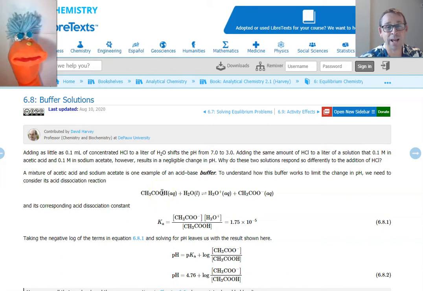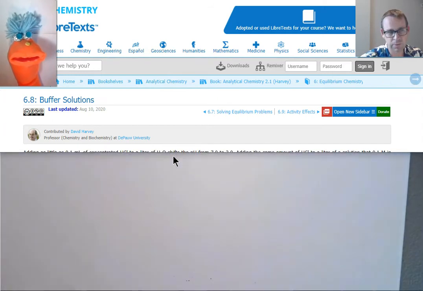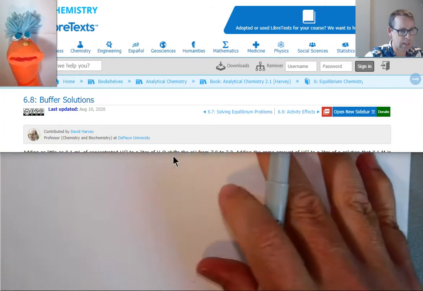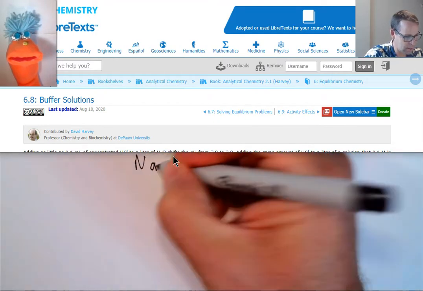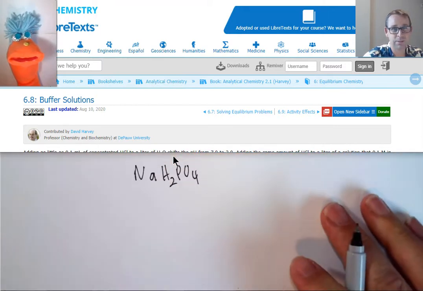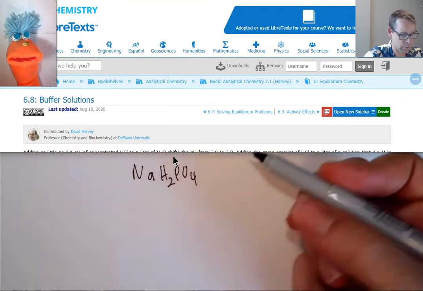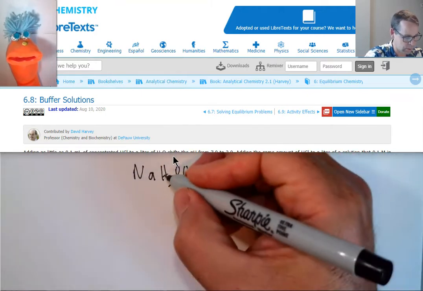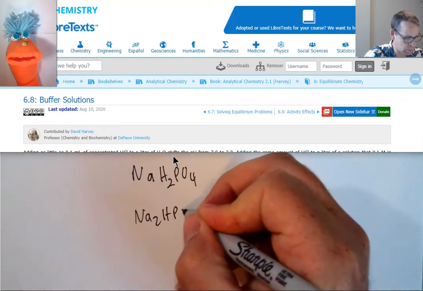Okay. You can also get an amount of a weak acid in the form of a polyprotic acid, or an acid salt, we call it. So, for example, a combination that is typical is making a phosphate buffer. When we make a phosphate buffer, we can add NaH2PO4, and if I think about the conjugate base of H2PO4, that's HPO4, and so I can add some of that, Na2HPO4.